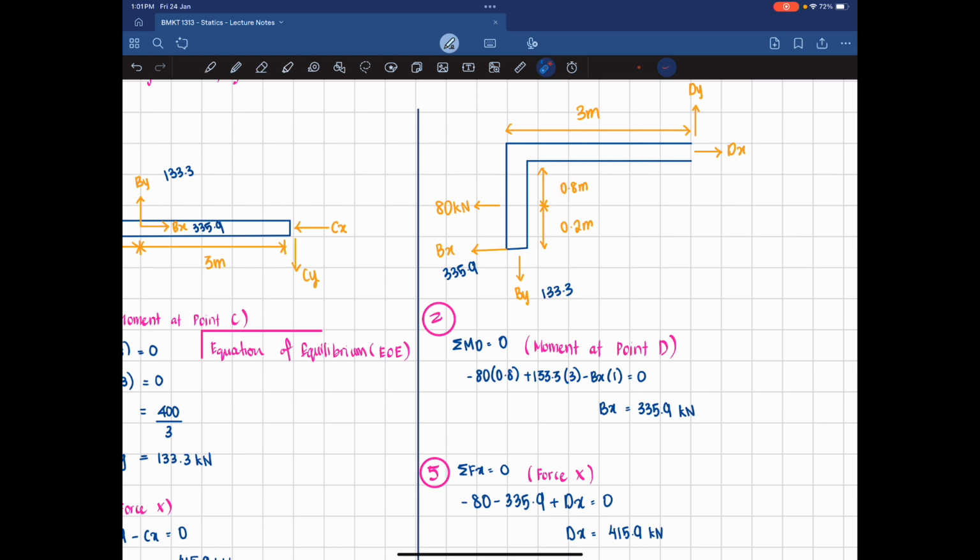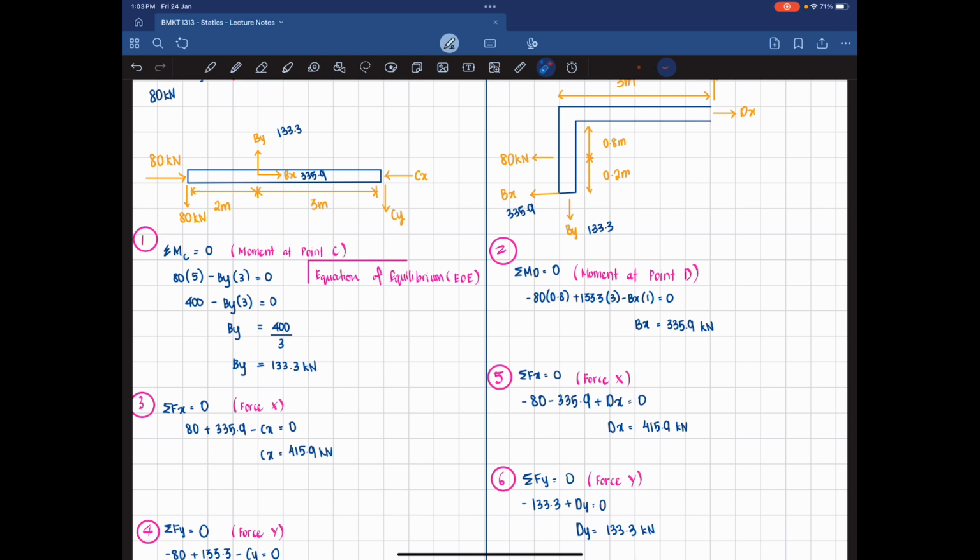For Bx, the distance will be 3 meter. We don't have the value for Bx, but the distance for Bx is 1 meter. From here to here, we just add this. So we'll get the answer for Bx, which is 335.9 kilonewton.